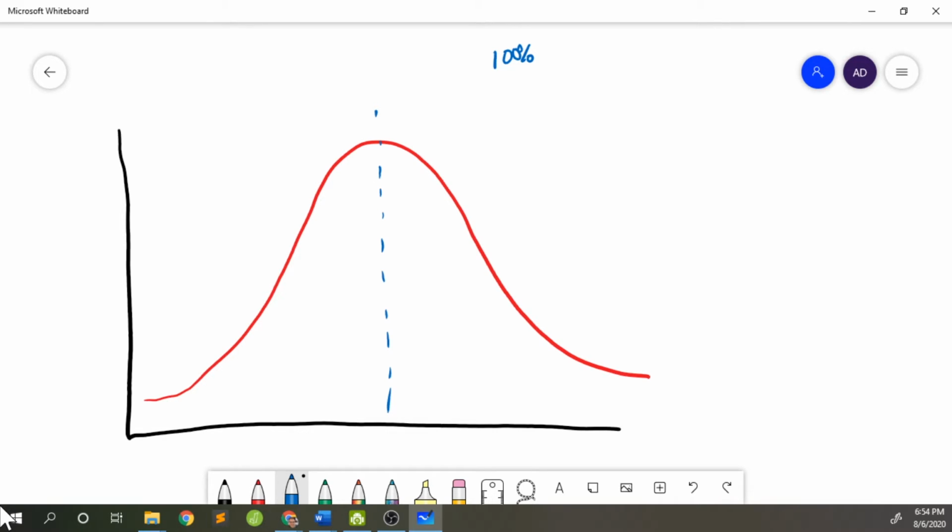What if you are above this line, right? This is the mean line. If you're above that line, then that represents half of the curve, right? Because the curve is symmetrical. So half of the data is above the line, half the data is below.